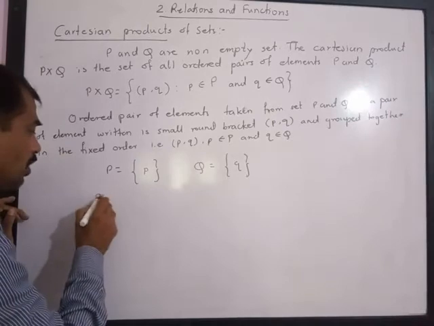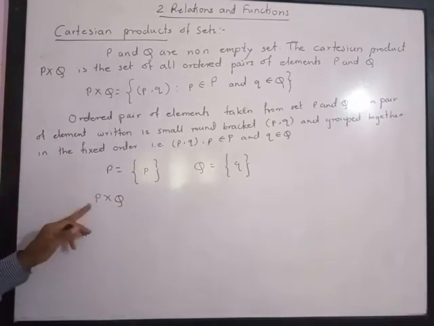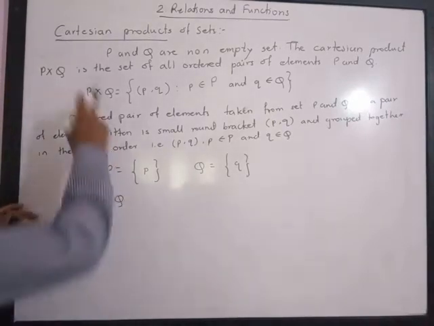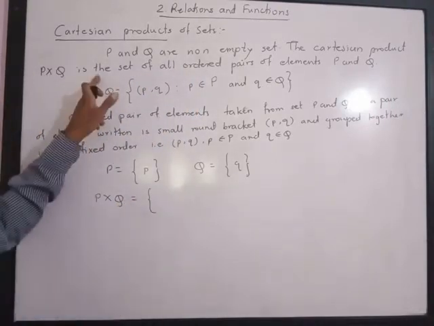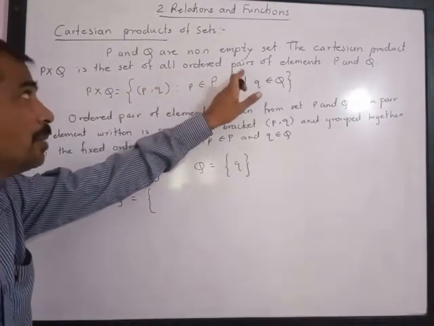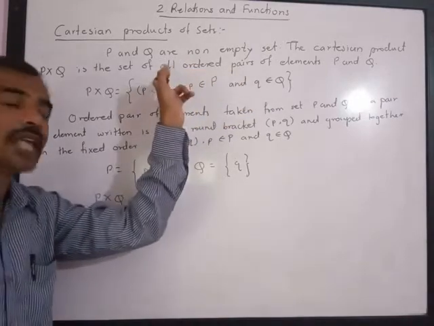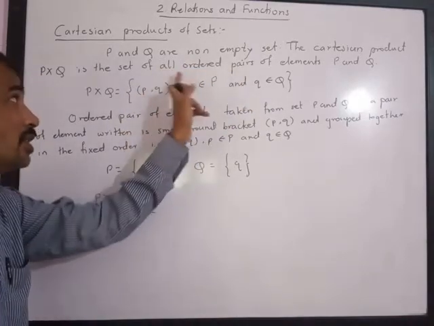P cross Q is the set of all ordered pairs. Ordered means it has a particular sequence, that is an ordered pair.